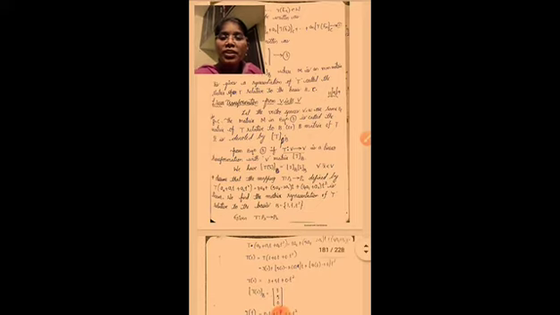Next, linear transformation from V into V. Let the vector spaces V and W be the same, and B equal to C, so both bases are equal.